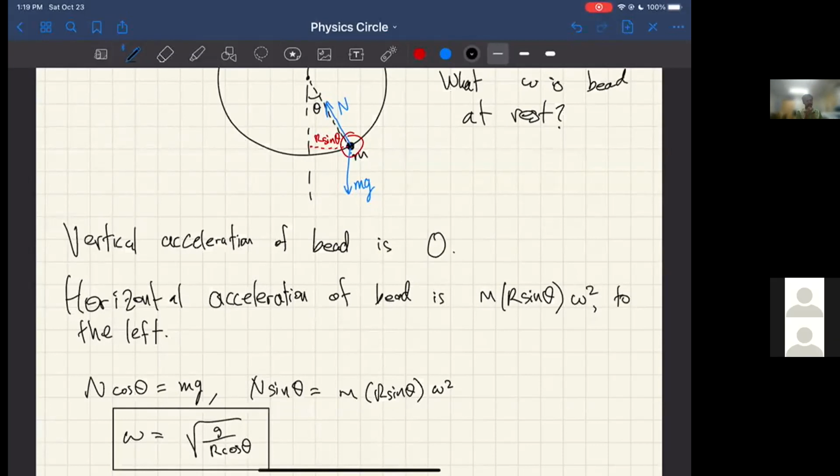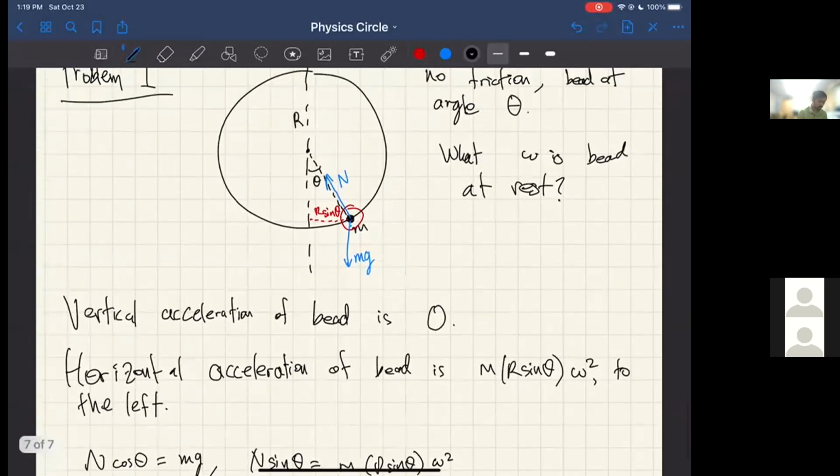But if you spin it really fast, it's not possible to keep it purely horizontal. And of course, it's not possible to keep it more than that, if you think about it. So this sort of answer is telling us that it's only possible to keep it between 0 and pi over 2 if you spin it. Anyways. Okay, so any questions about what I did here for this problem?